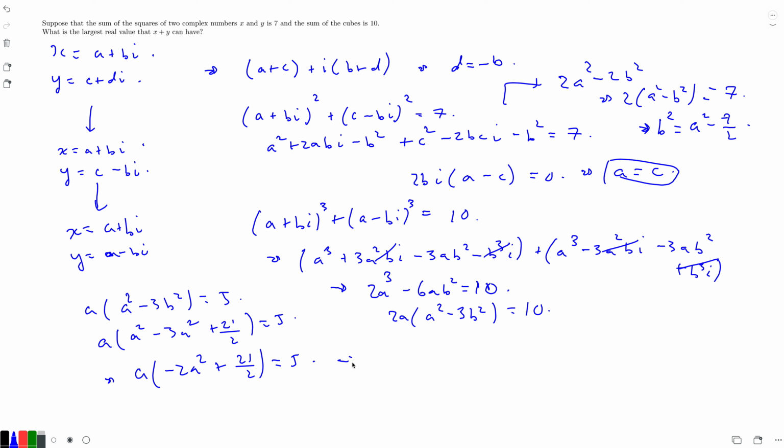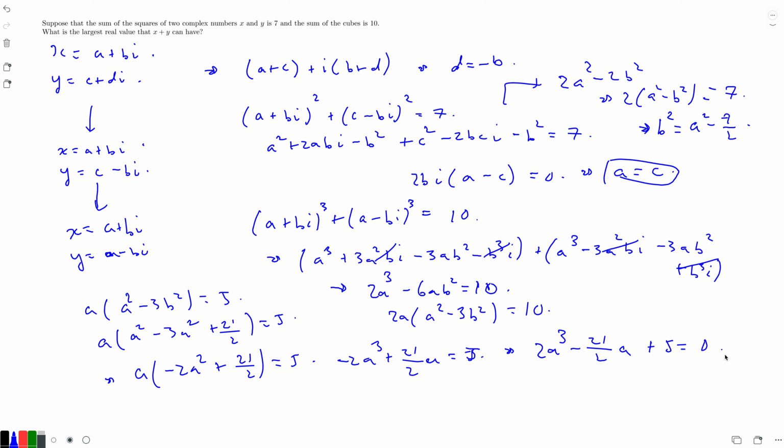Okay, so negative 2a cubed plus 21 over 2 a is equal to 5. Bring everything to the other side to get 2a cubed minus 21 over 2 a plus 5 is equal to 0.